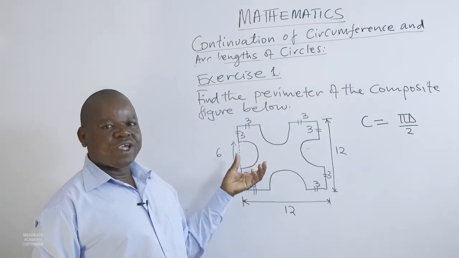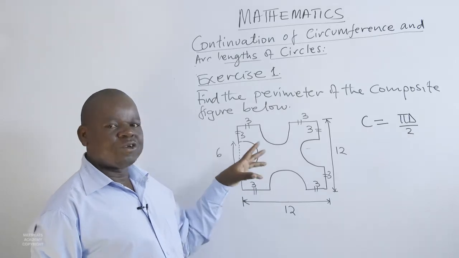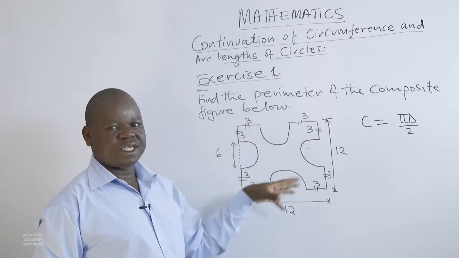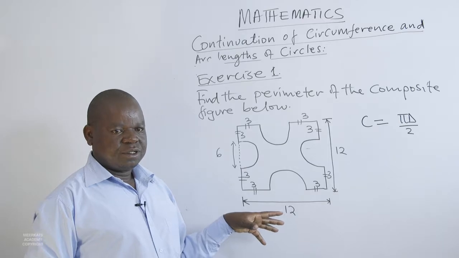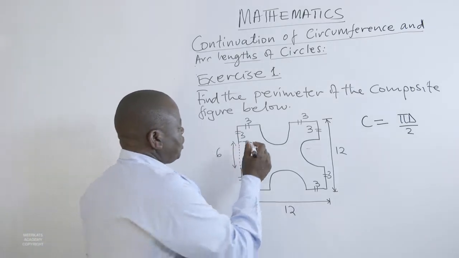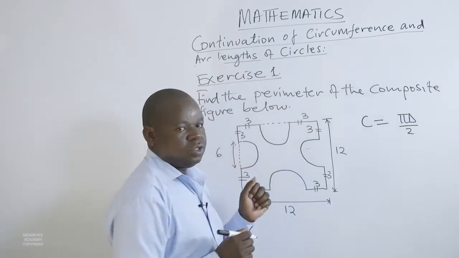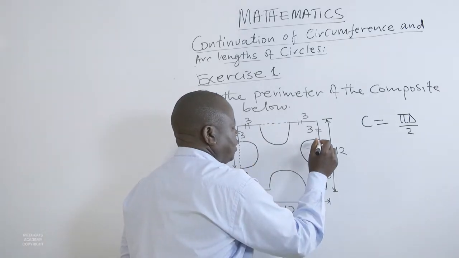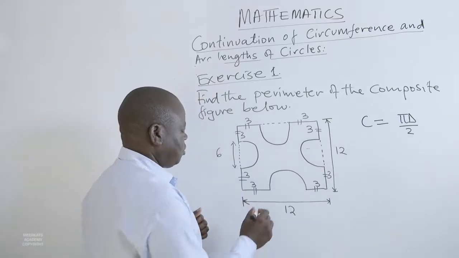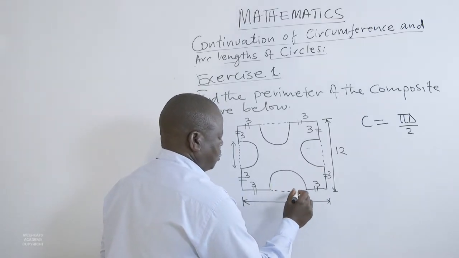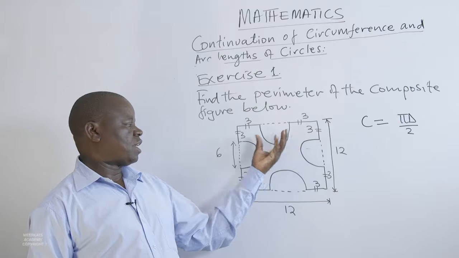But if you look at this figure, there are 4 such similar semicircles. Why? This one is also similar to this. This one is also a similar one. And the lower one is also similar to the rest.